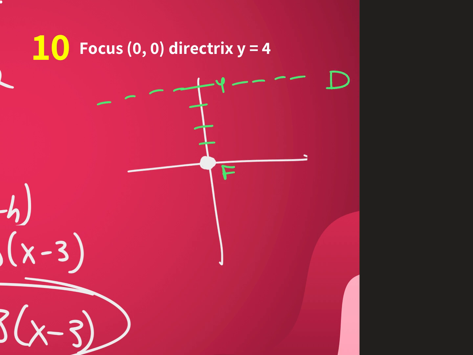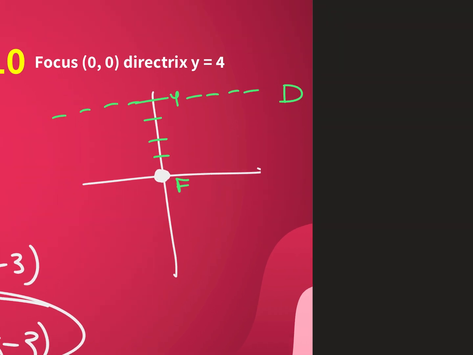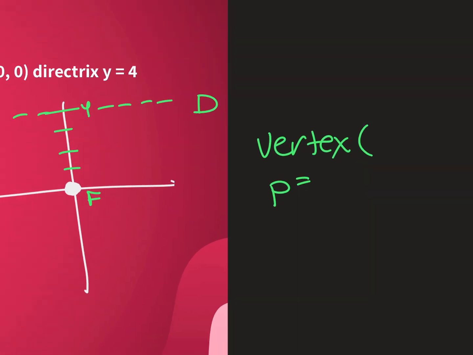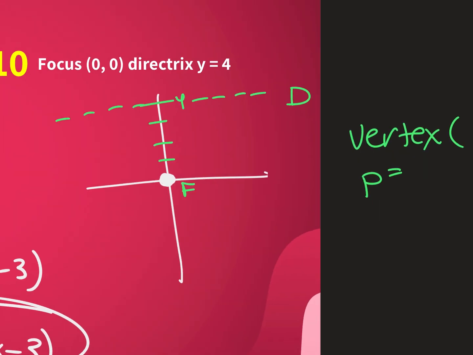In order to write the equation of my parabola, I need the vertex and the p-value. Well, they didn't give me either of those, did they? Do I have enough information to figure out where the vertex is? Where is it? Why is it here at 0, 2? It's equidistant. It's in between, right? The focus and the directrix.